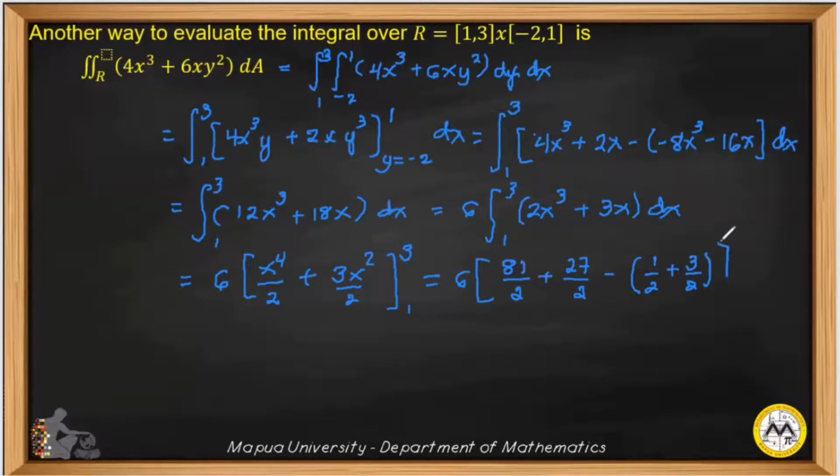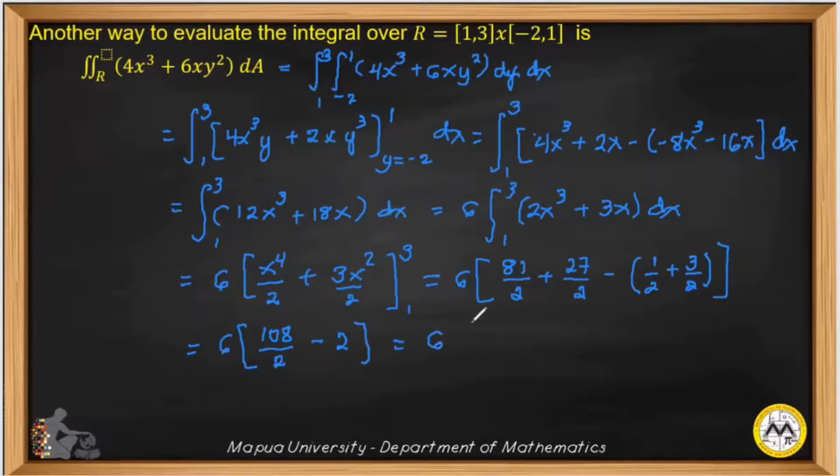Hence we have 6 times 81 plus 27, which gives us 108 over 2, minus 1 half plus 3 over 2 is 4 over 2, which is 2.